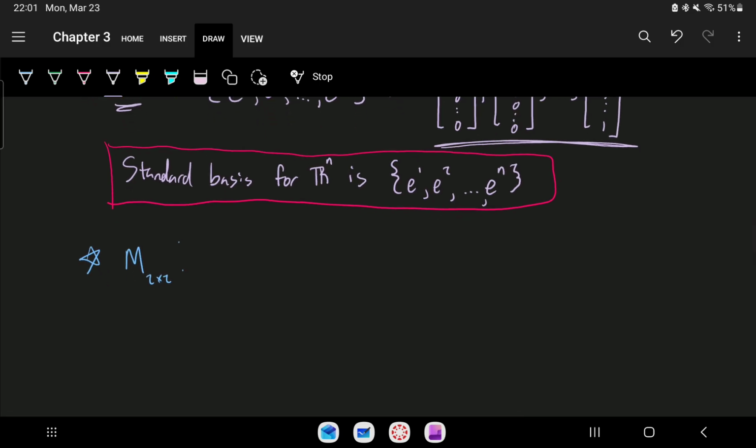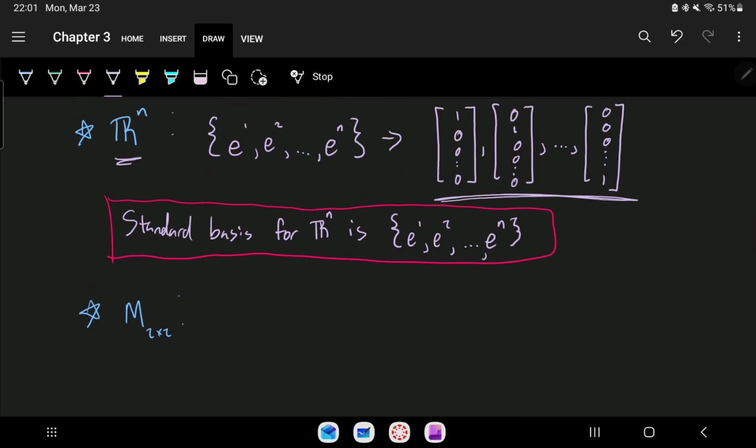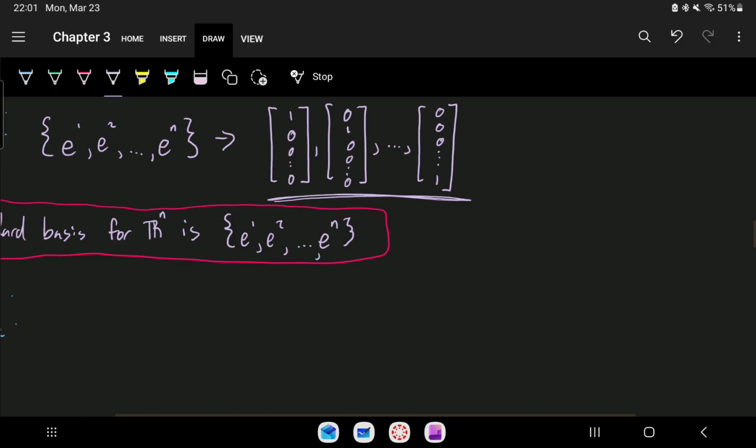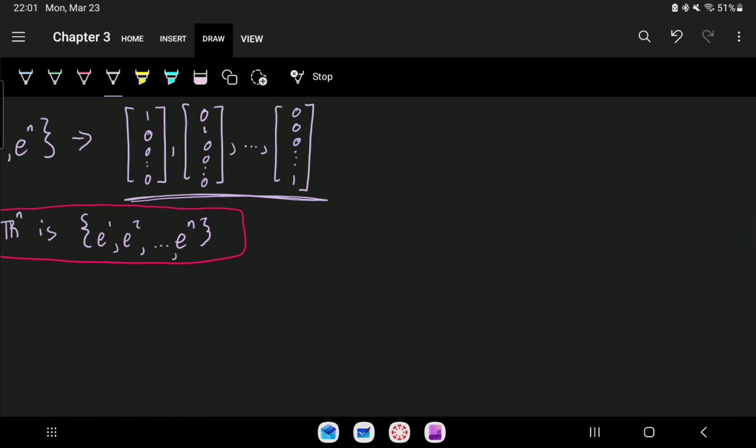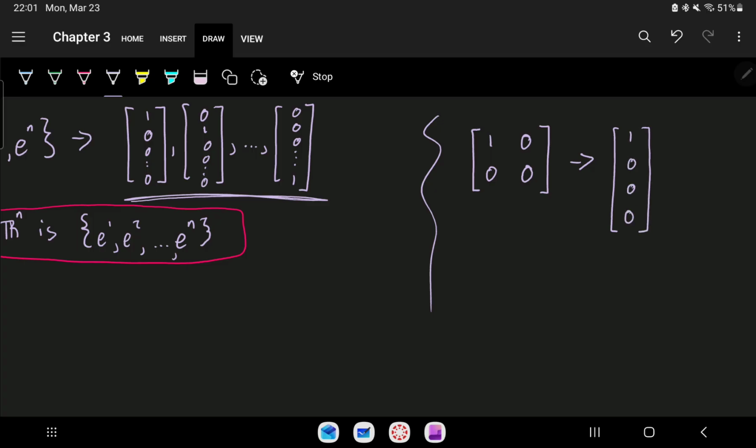another example is the space of two-dimensional matrices, right? This is going to look really similar, especially if you remember how we can pull apart matrices to look like vectors. So just a little sidebar, I just want you to see this. If we have a two-dimensional matrix like this, we can write that as a vector if we need to, as this guy right here, right?